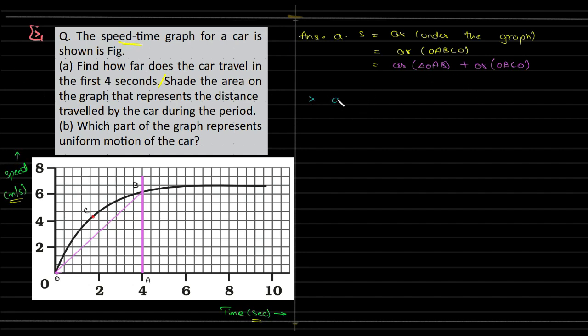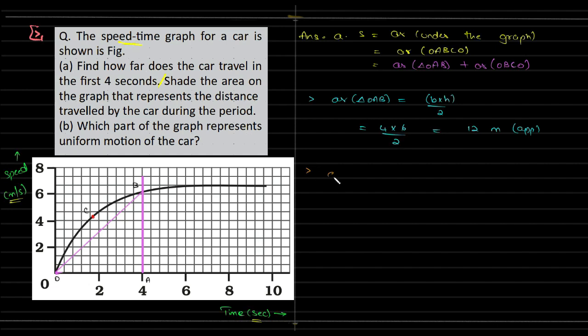First is we'll find the area of triangle OAB, which is a simple half into base into height. So the base here is 4 unit and the height is 6 unit. And all of this is approximately 12 meters, because there's a bit over here which is a bit more than 12 actually. So this is approximately 12 meters.